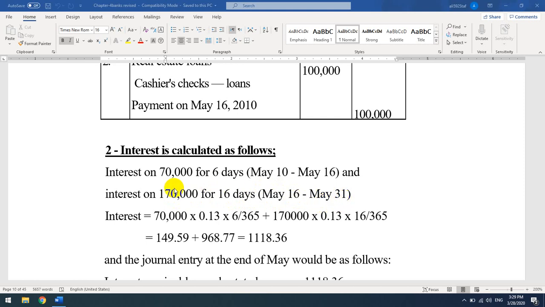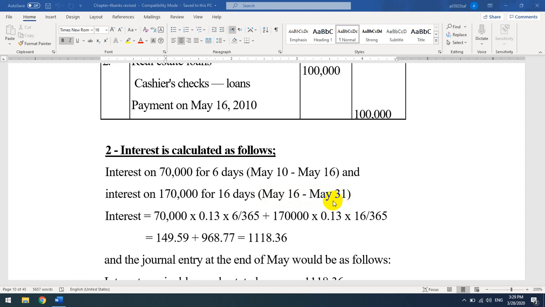The real estate loan equals 70,000 Egyptian pound for 6 days during May, from May 10 to May 16, and the real estate loan becomes 170,000 Egyptian pound for 16 days, the rest of the month, from May 16 to May 31st.